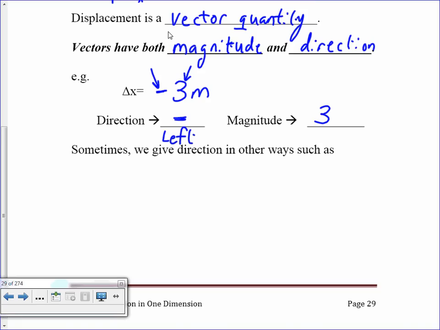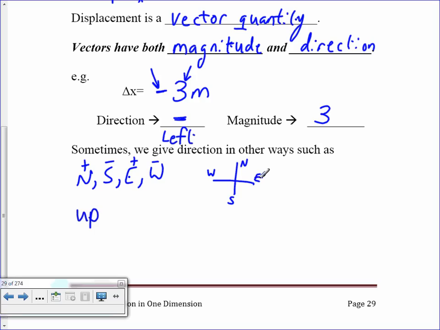Now sometimes we give direction in other ways, and we'll use those here. We'll use north, south, east, and west. All right, we'll use those actually in the next chapter to give two-dimensional vectors. We can use up. Oh, actually, let me go back here. So for these, north is going to be positive, south is negative, east is positive, and west is negative. So if I were to draw these on a Cartesian-like plane, it would be north, south, west, and east.